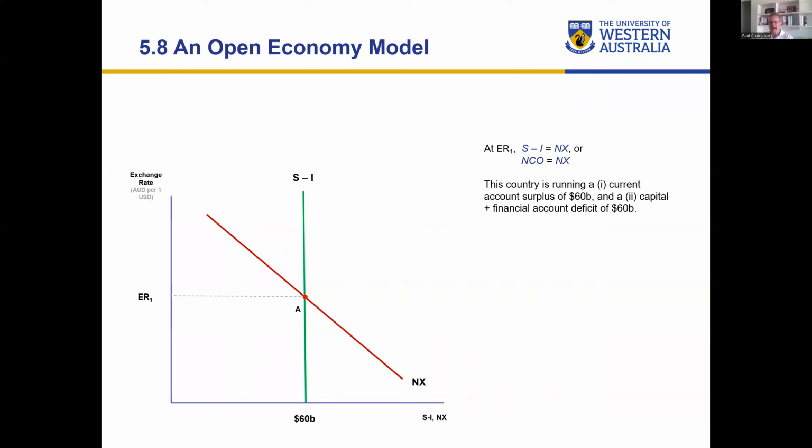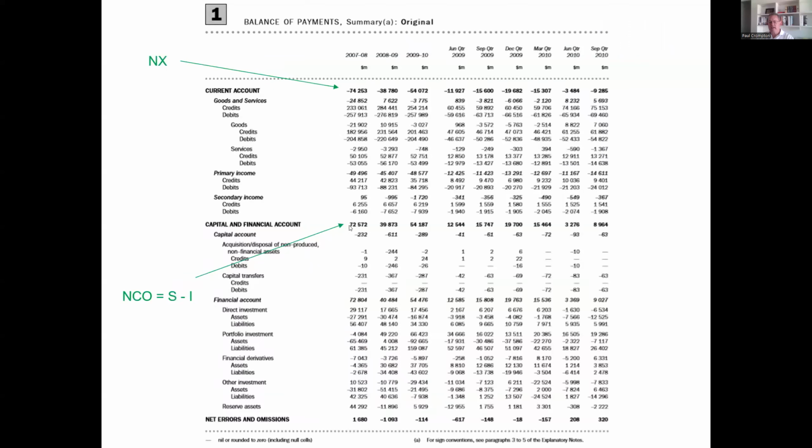We get insights into how the economy works. But fundamentally, we've got 2 economic variables here, which are exogenous to the model: S minus I and NX. The endogenous variable is the exchange rate. S minus I equals this value here.